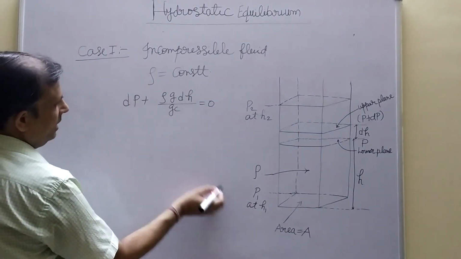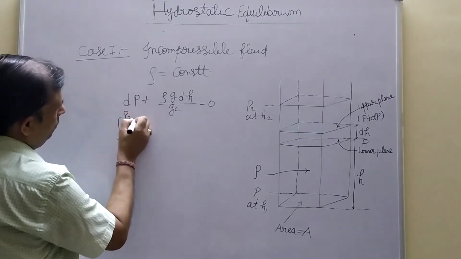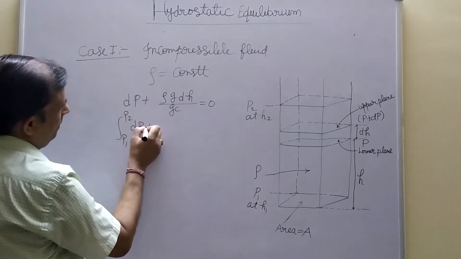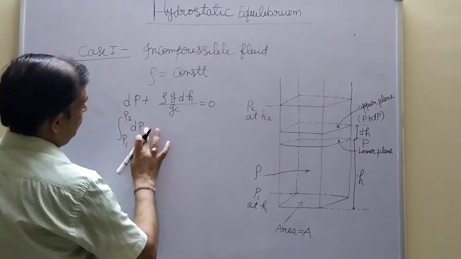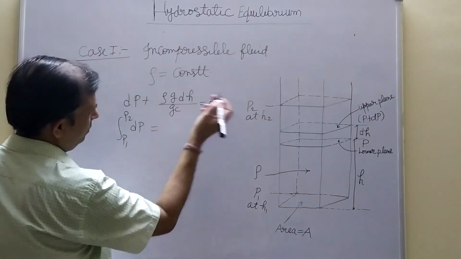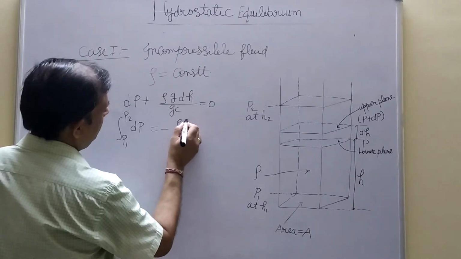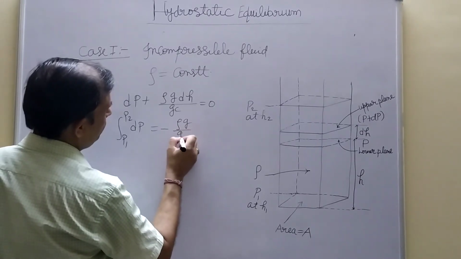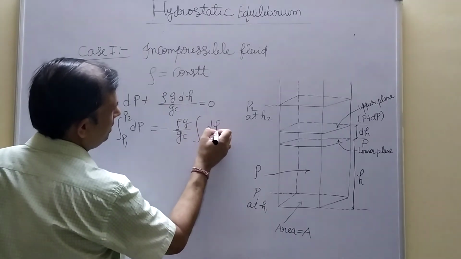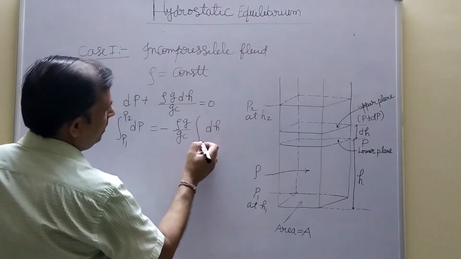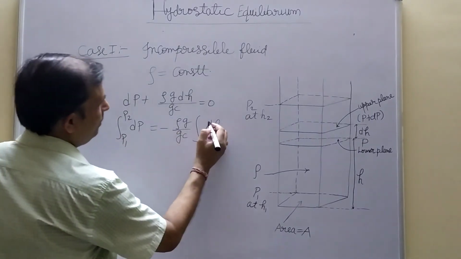Write the limits here, P1 to P2 for dP, equals minus rho g by gc, a constant, times the integration of dh, which is the differential thickness varying from h1 up to h2.